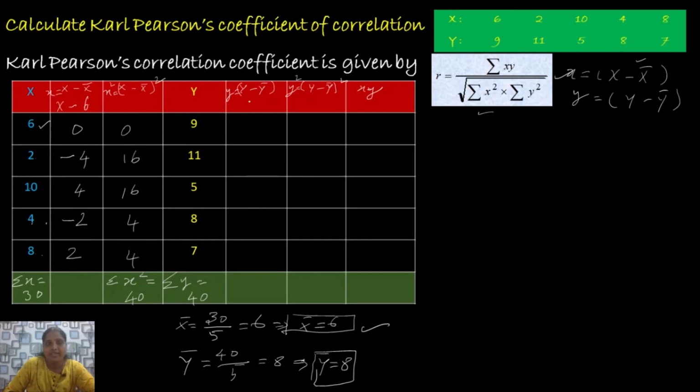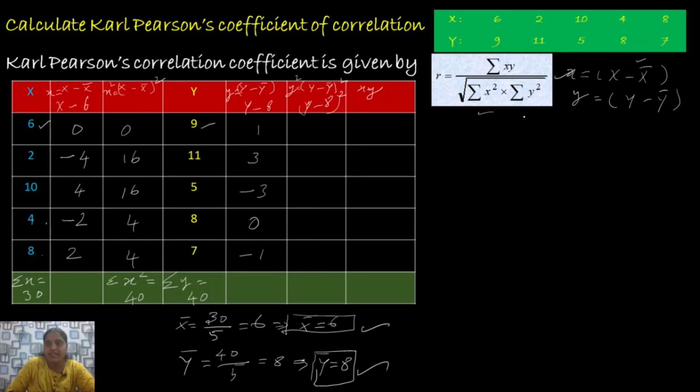Now, let me calculate y minus y bar, where the y bar value we have calculated as 8. So y minus 8, and we calculate y minus 8 whole square, that is y square. So 9 minus 8, plus 1, 11 minus 8, 3, 5 minus 8, minus 3, 8 minus 8, 0, 7 minus 8, minus 1.